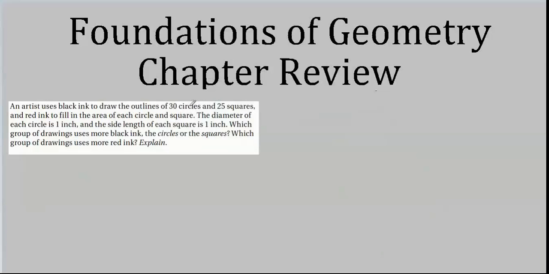Around a circle, circumference; around a square, perimeter. And the interior, well, that's area, and that's where the red ink is going to be used. If it was 30 circles and 30 squares, this would be really easy, because we'd only have to figure out which is greater in terms of distance around the circle or the square. Because if the circle uses more ink than the square, multiplying them both by the same number isn't going to change anything. They will still use more.